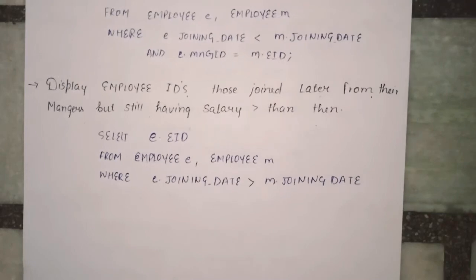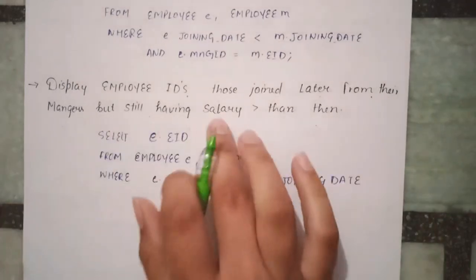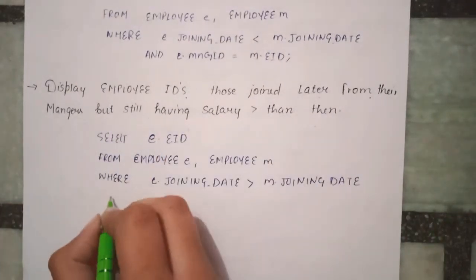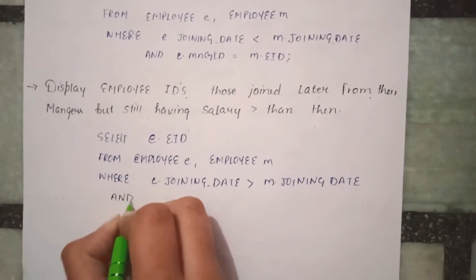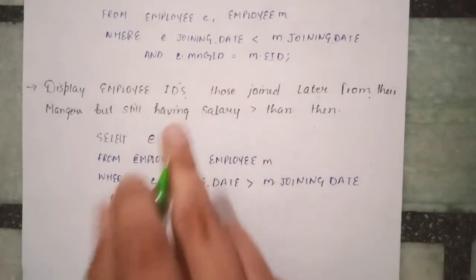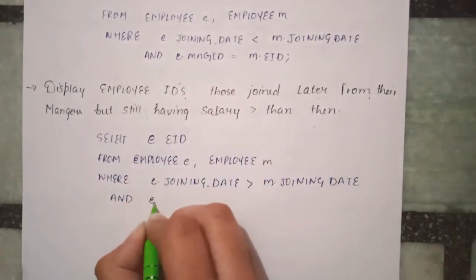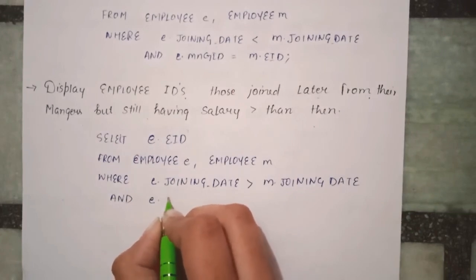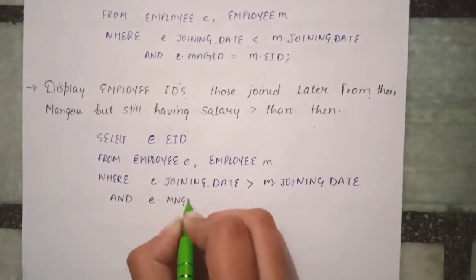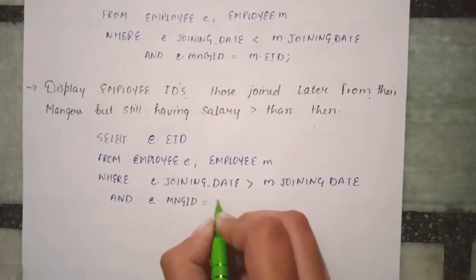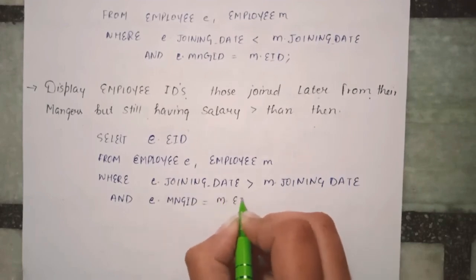Okay, now the second condition, here we will write and. The second condition will be the joining condition, that is where e dot manager id is equal to m dot eid.